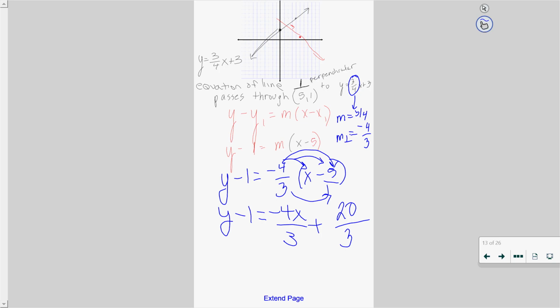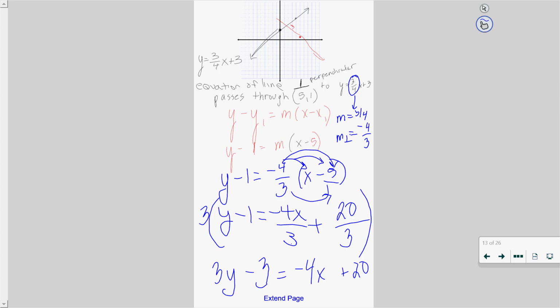How can I get rid of that 3? Good. Clear out your fraction. Multiply everything by 3. So you get 3y minus 3 equals 3 cancels, negative 4x, 3's cancel, plus 20.